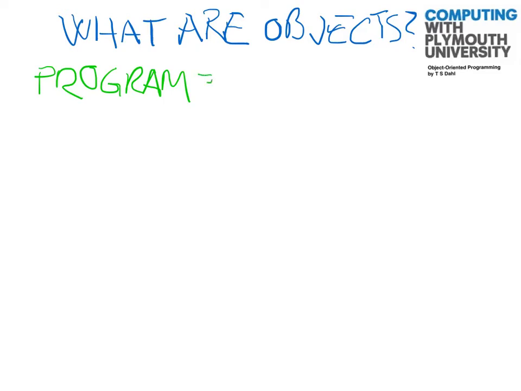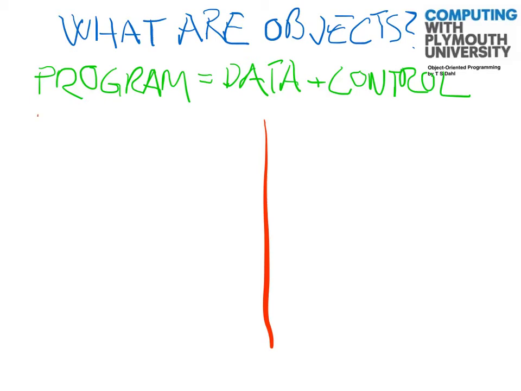And a program can be divided into two elements: data and control. The data are the pieces of information we're working on.